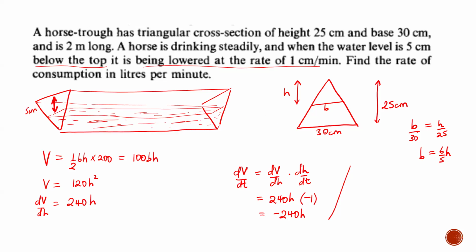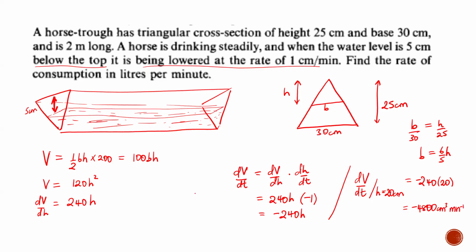So the value of H at that point would be 20 centimeters. Therefore, we calculate dV/dt when H is 20 centimeters. That's going to be negative 240 times 20, which gives us negative 4,800 centimeters cubed per minute.